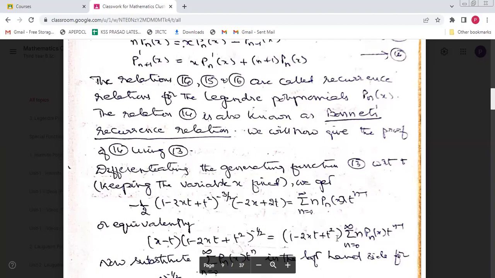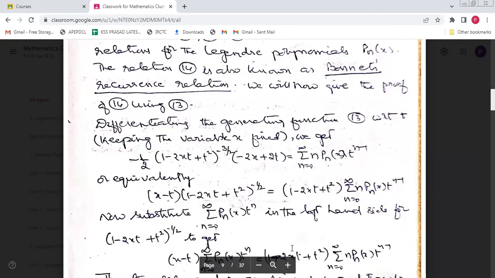Okay, so that is equal to summation n into Pn of x to the power of. ఇక్కడ రైట్ హ్యాండ్ సైడ్ ఏమైంది? 1 - 2xt plus t² తో మల్టిప్లై చేసాం. అప్పుడు ఏమవుతుంది? హోల్ టు ది పవర్ ఆఫ్ -3/2 plus 1. -3/2 plus 1 అంటే ఎంత అవుతుంది? -half. సో ఈ పైన ఈక్వేషన్ ఈ విధంగా రాయవచ్చు.